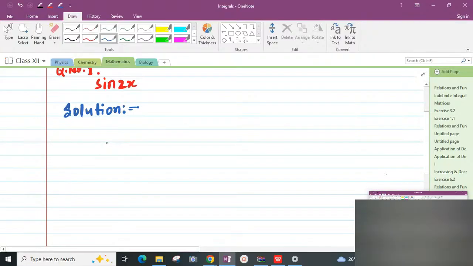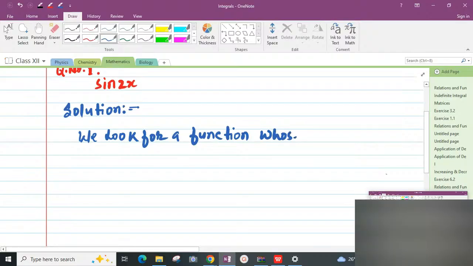So we look for a function whose derivative is sine 2x.